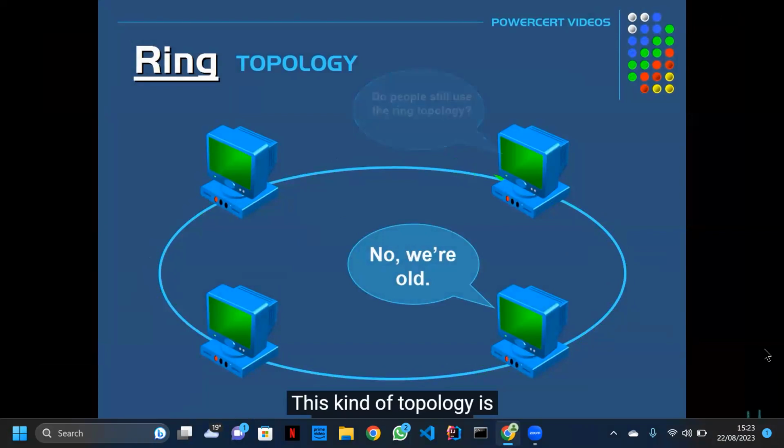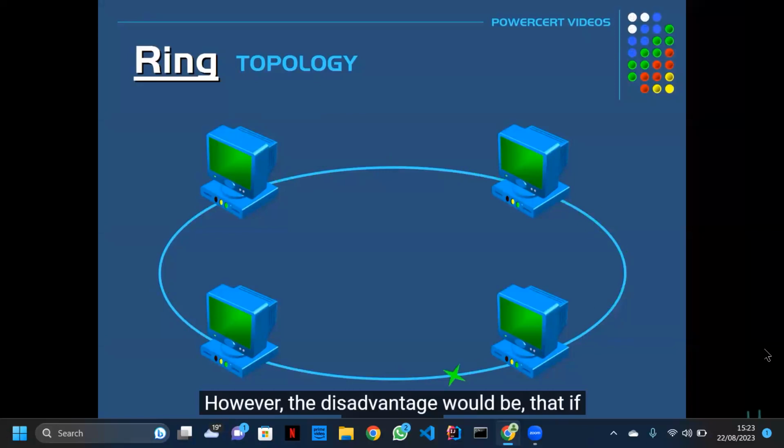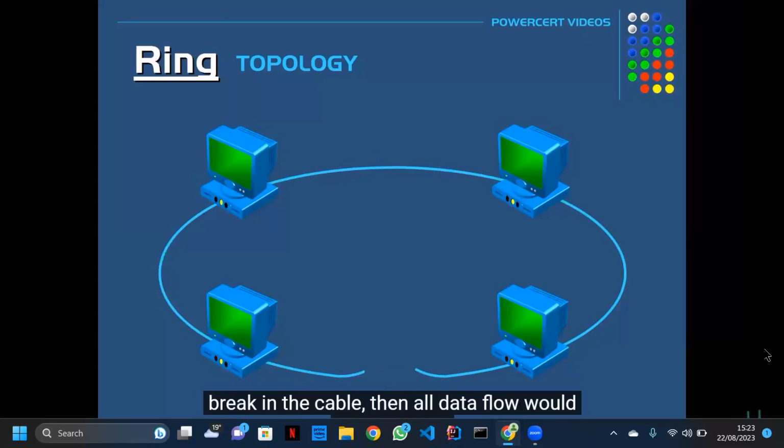This kind of topology is very old and is rarely used today. The advantage of a ring topology is that it is easy to install and easy to troubleshoot. However, the disadvantage is that if just one of these computers goes down, or if there is a single break in the cable, then all data flow would be disrupted.